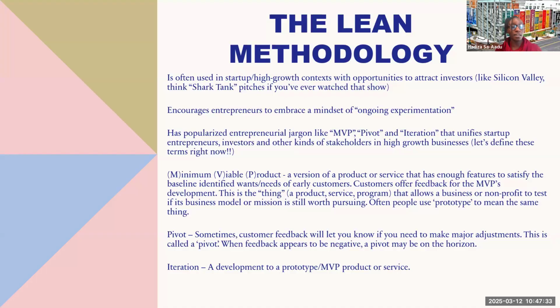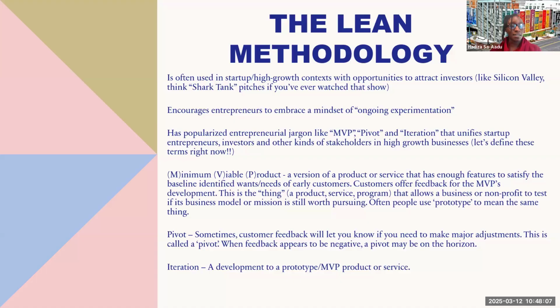So whatever the thing is, whether it's a product, whether it's a service, or in a nonprofit grassroots context, whether it's a program, this MVP is what allows a business or a nonprofit to test if its business model or mission is still something that's worth pursuing. So oftentimes people will use interchangeably with the acronym MVP the word prototype. And so an MVP is just a prototype. They mean the same exact thing.